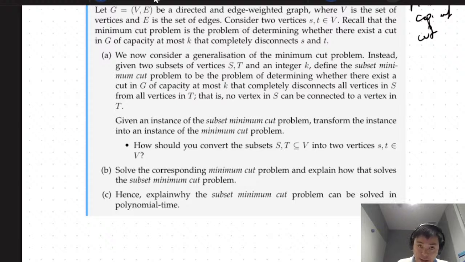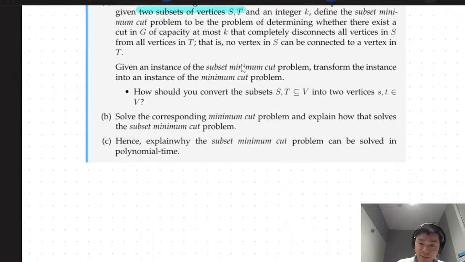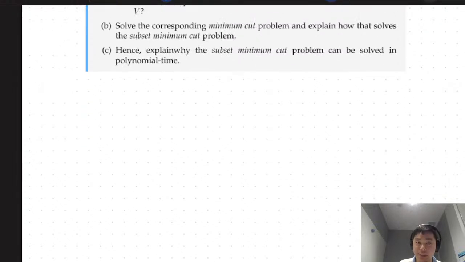You're given two subsets S and T, and you're also given an integer k. We're going to define the subset minimum cut problem to be the problem of determining whether there exists a cut in G of capacity at most k that completely disconnects all vertices in S from all vertices in T. So instead of disconnecting two vertices, we want to disconnect a whole subset of vertices.